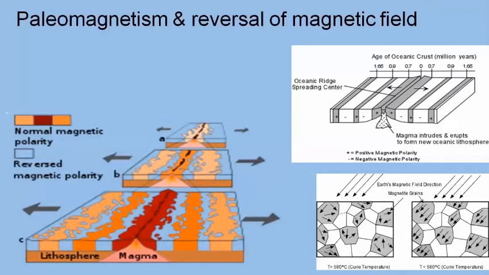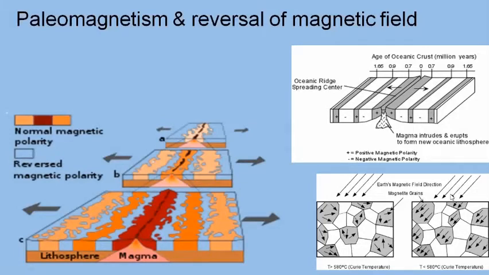Take this picture over here. For example, if the Earth's magnetic north is on this side, then the new magma or lava, the new rocks which are created, will have their magnetic minerals aligned according to the Earth's magnetic north or magnetic south.